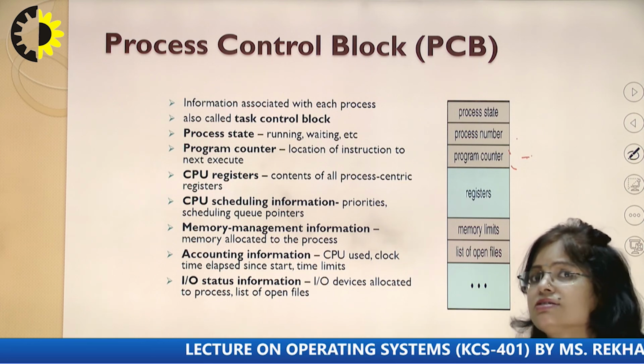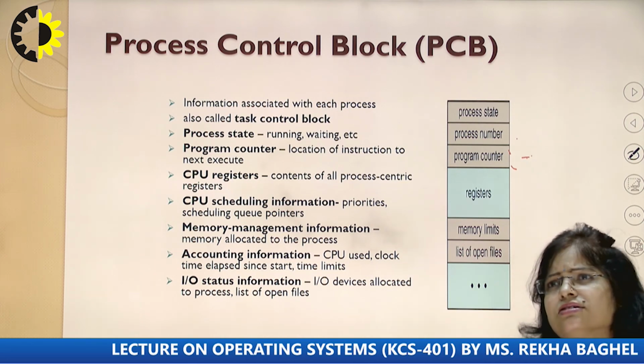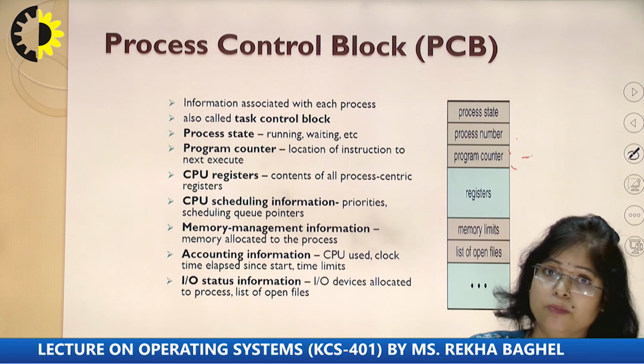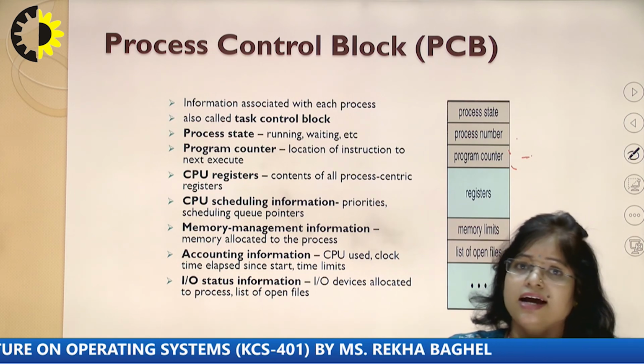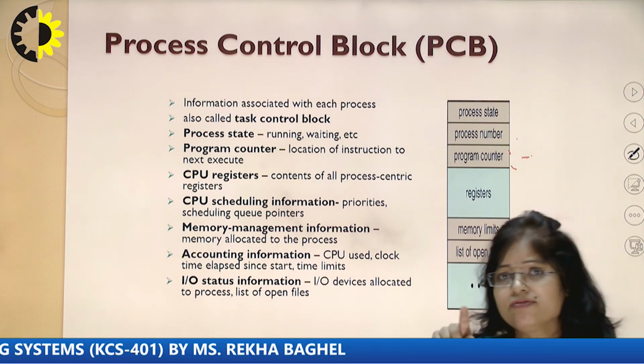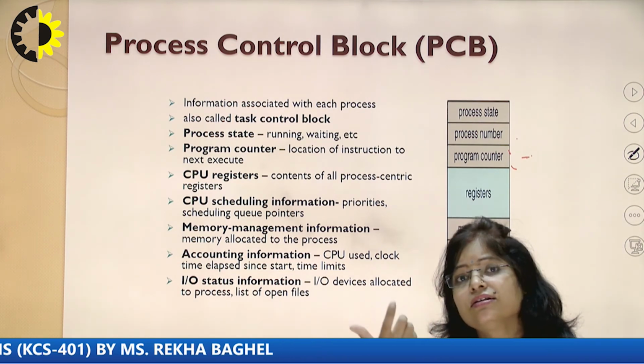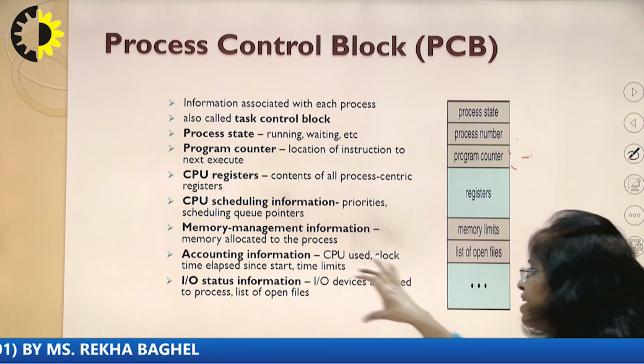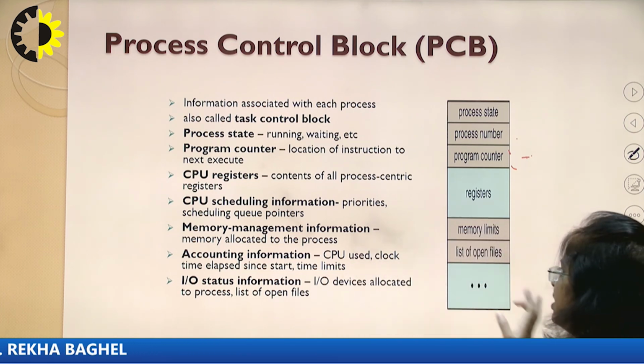When a process is in the running state and due to some input output event goes to the waiting state, at that time, if the process is working on some files, those files are in the open state. So we keep the status of the open files.